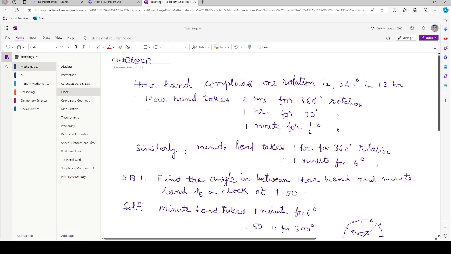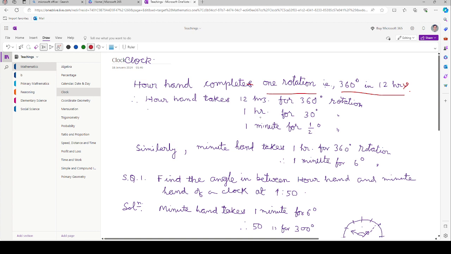Hour hand completes one rotation, that is 360 degrees, in 12 hours, right? Therefore, hour hand takes 12 hours for 360 degree rotation.